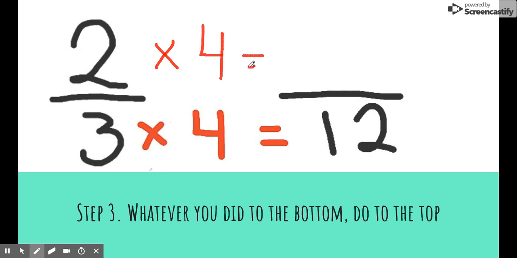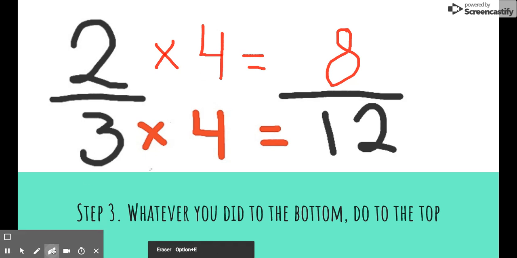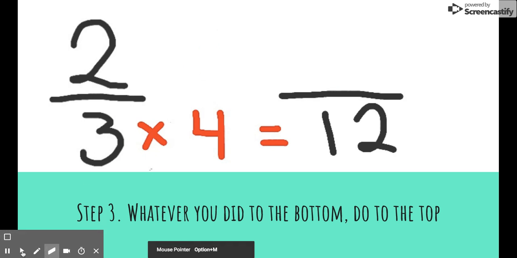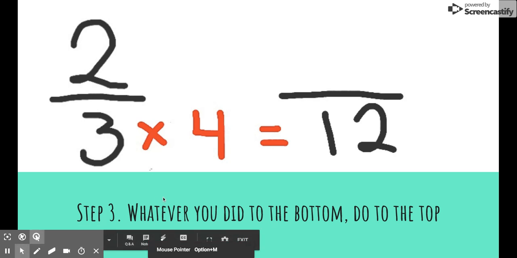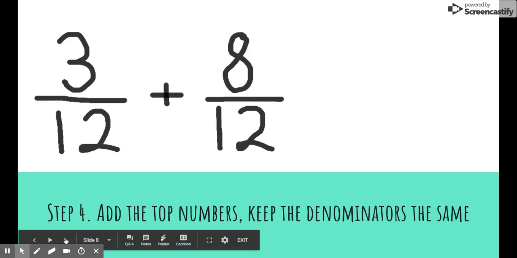So now we're left with the fraction 8/12, which again is an equivalent fraction of 2/3, because if we go the opposite direction and divide the numerator and the denominator of 8/12 by 4, we get 2/3, making it an equivalent fraction. So essentially, we are looking for two equivalent fractions that have the same denominator.